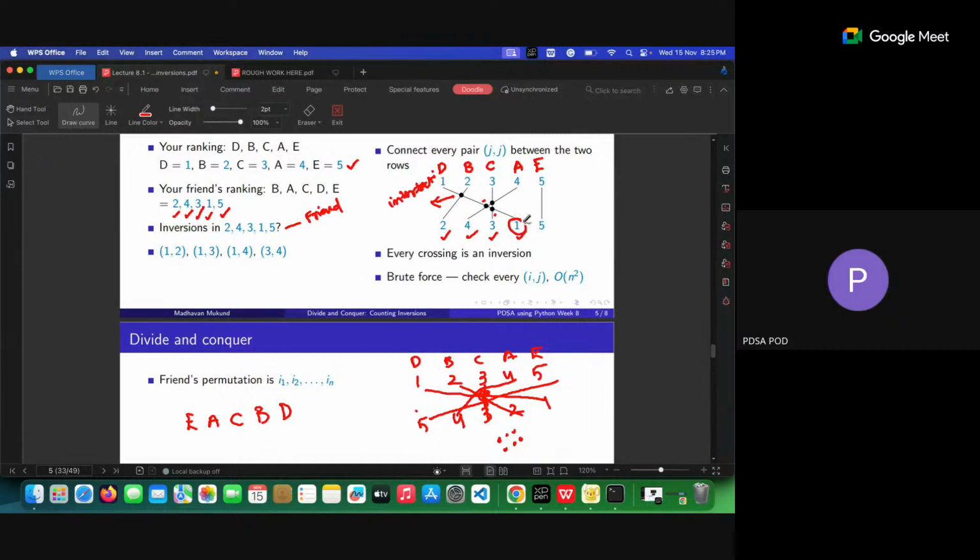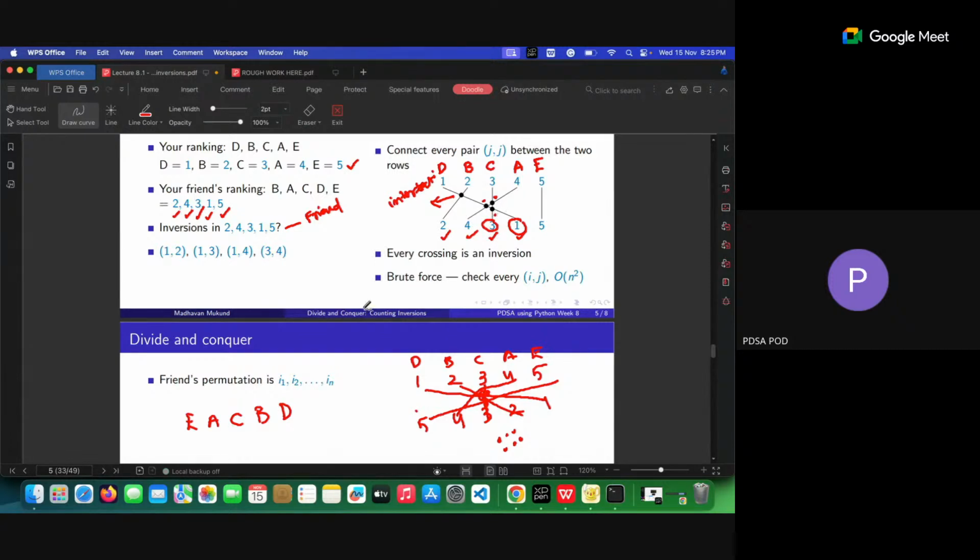So all these, 2 and 1, 1 and 2, 1 and 3, 1 and 4. So here what happened is that 2, 4, 3 appeared before 1. And the last one, 3 and 4. So what is 3 and 4? See, look at 3 and 4. So here it is. 4 appeared at this place, before 3.